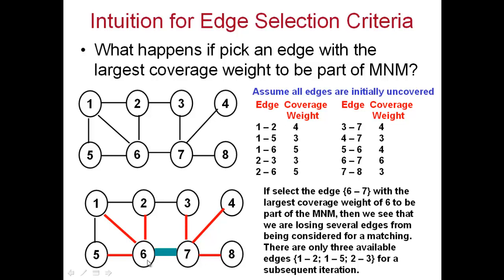So if 6, 7 gets picked up for a maximal node matching, we have to exclude these edges 6, 2, 6, 1, 6, 5 or 7, 3, 7, 4, 7, 8 from being considered.